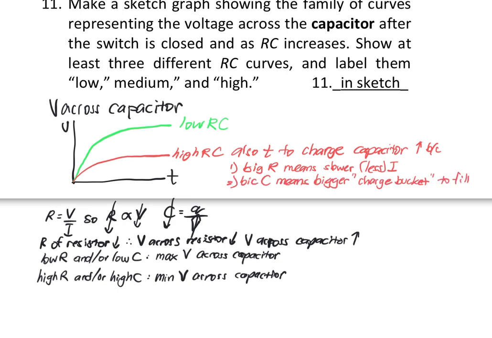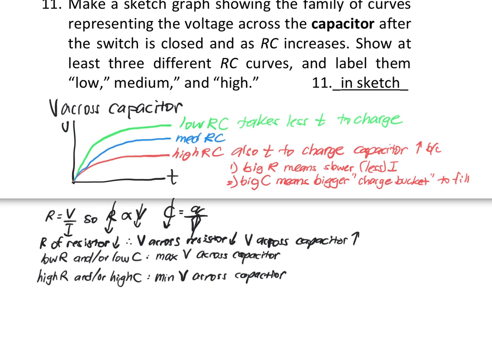Also, a big capacitance means a bigger charge bucket to fill, so it takes longer. That also means for a low RC, it's going to take less time. And then, of course, if you have a medium value, it's going to be in the middle, following the same logic. Now, that's the voltage across the capacitor.